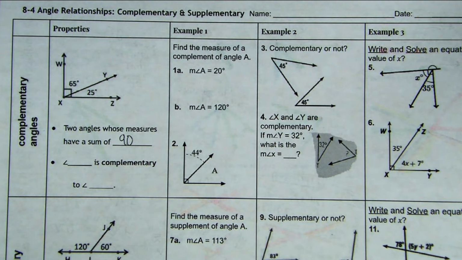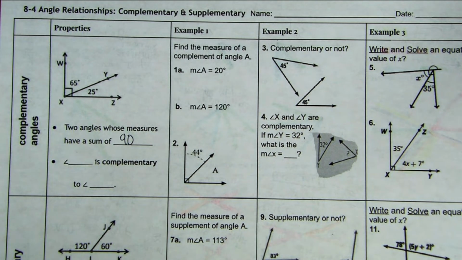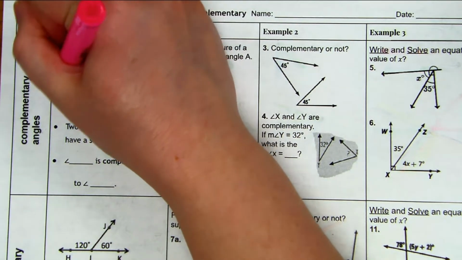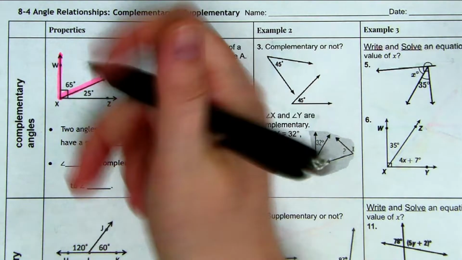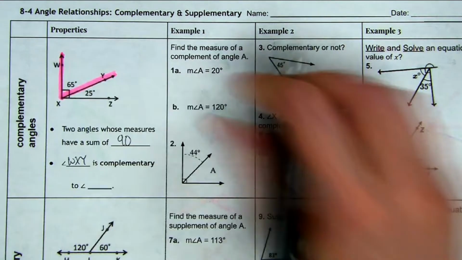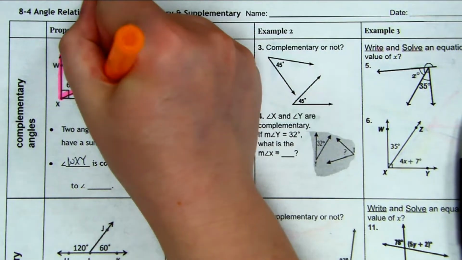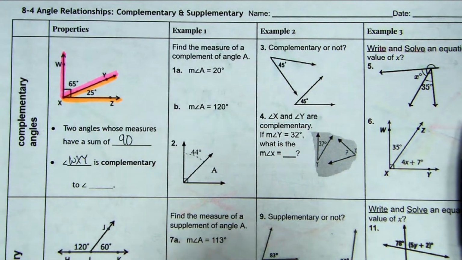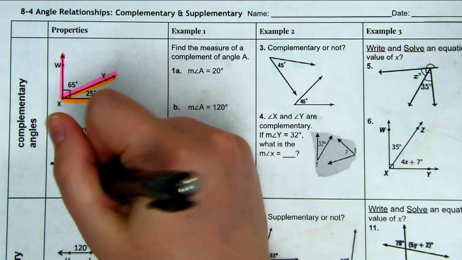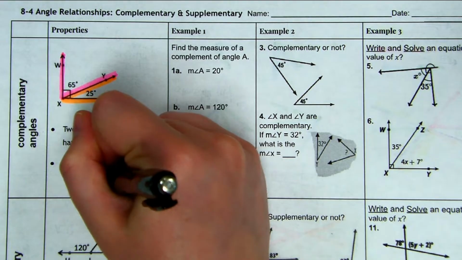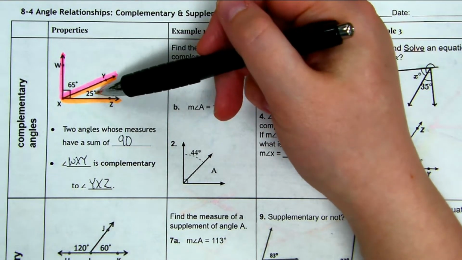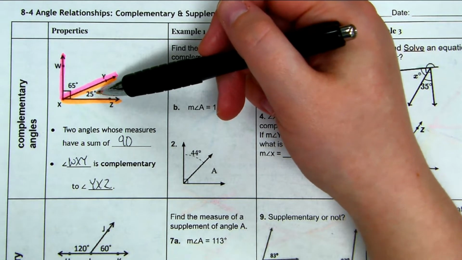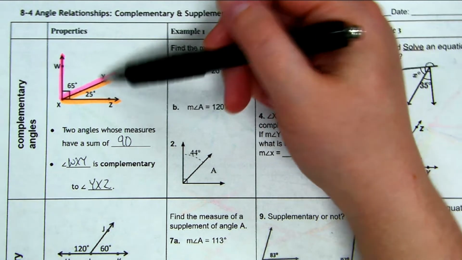So in this diagram, we can say that angle WXY and angle YXZ down here, we can see that 65 degrees plus 25 degrees adds up to make 90 degrees. So we can say that these two angles are complementary to each other.